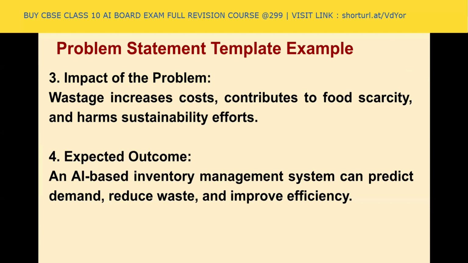But on some days, like normal working days, people are not coming. So on those days they have to decide what quantity of food to prepare and what the price should be so that they can attract customers. So they need an AI system which can predict this kind of demand, reduce the waste and improve the efficiency.